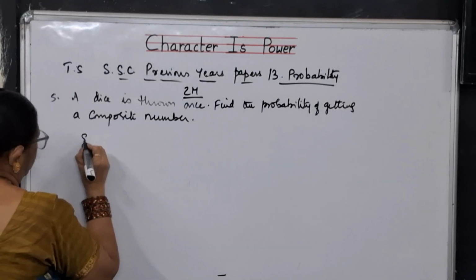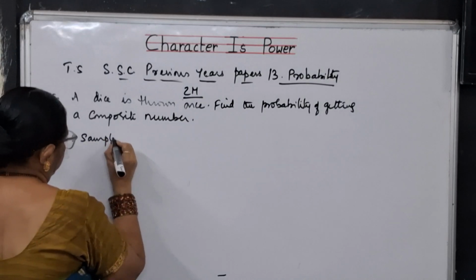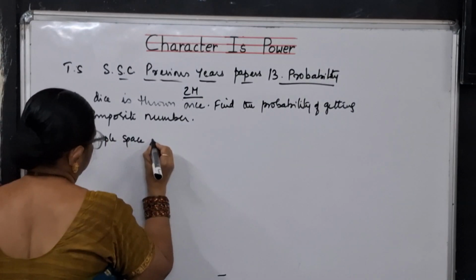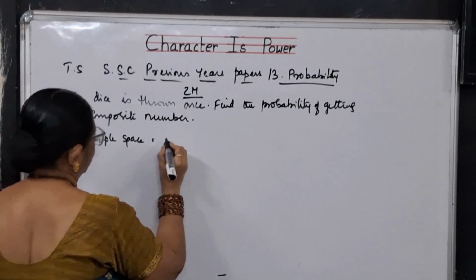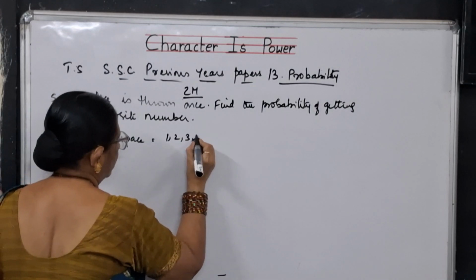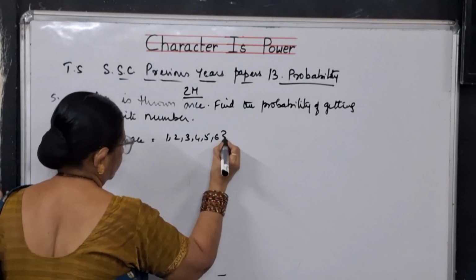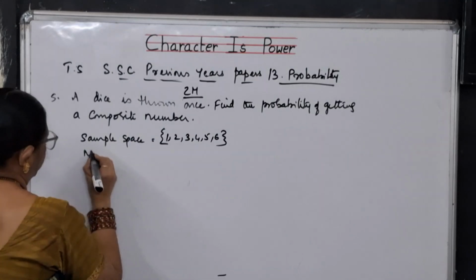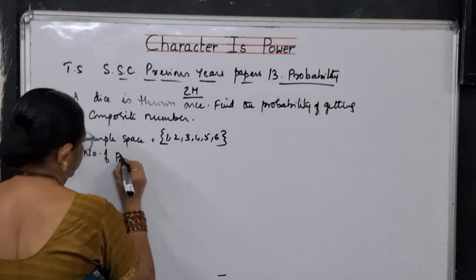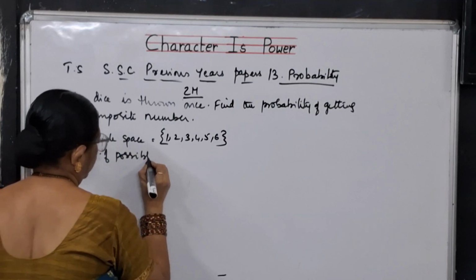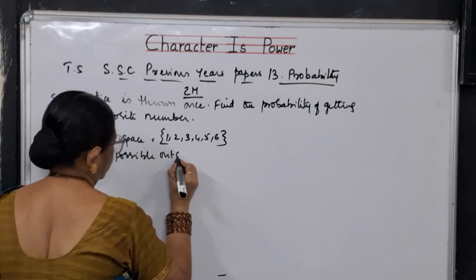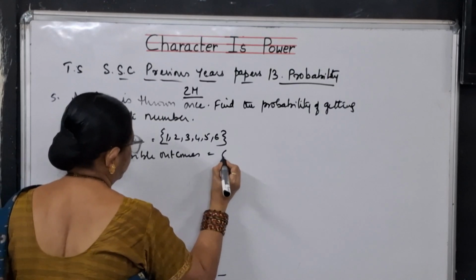So here, let us write the sample space. A dice is thrown once. So 1, 2, 3, 4, 5, 6. That means number of possible outcomes is equal to 6.